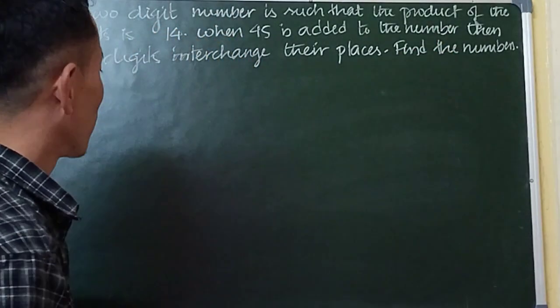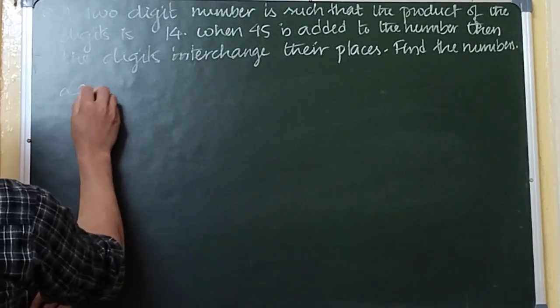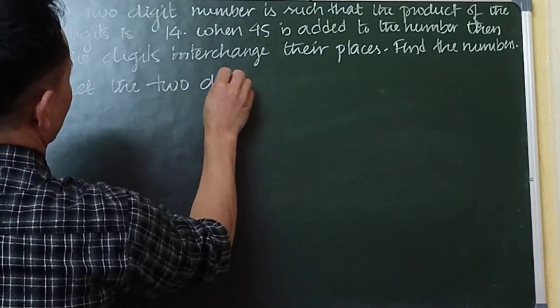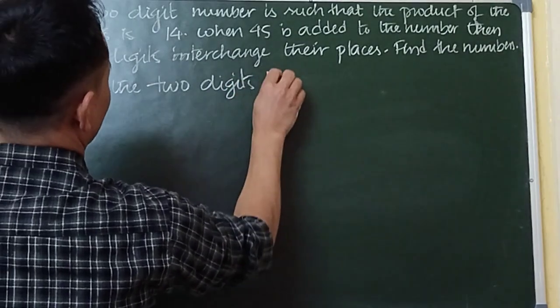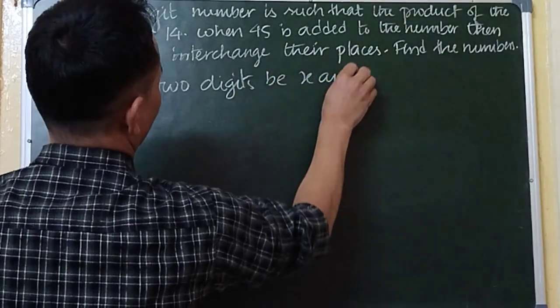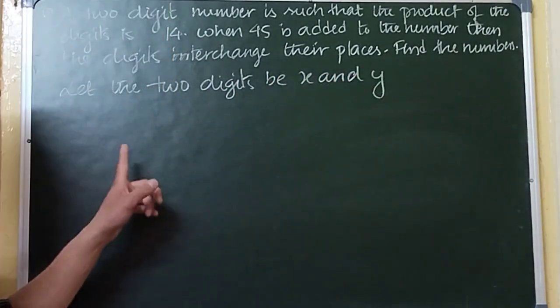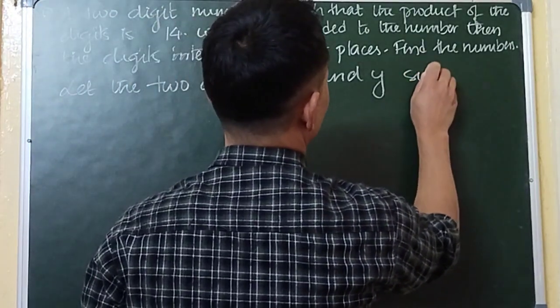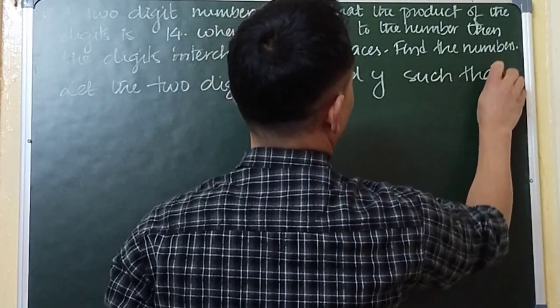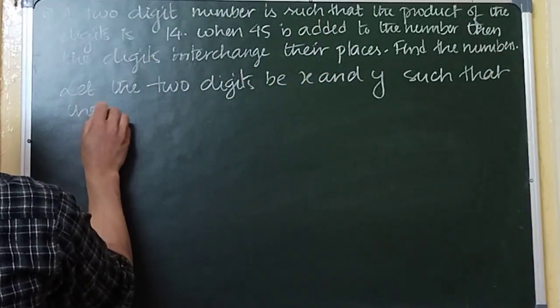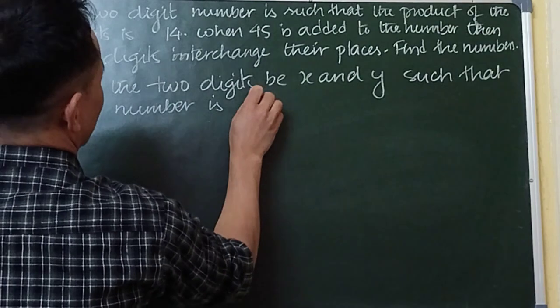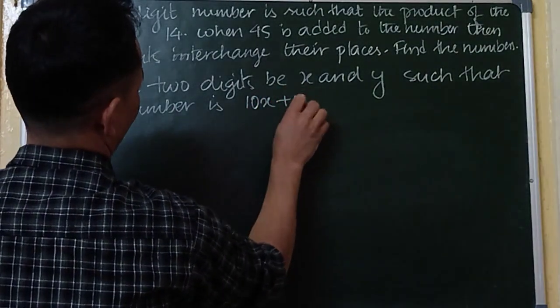So let's solve this. So you can say let the 2 digits of the number be x and y. So we have 2 digits in a number. The 2 digits are x and y, such that the number is 10x plus y.